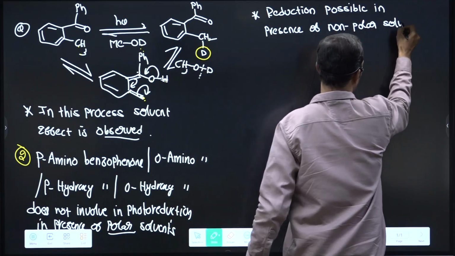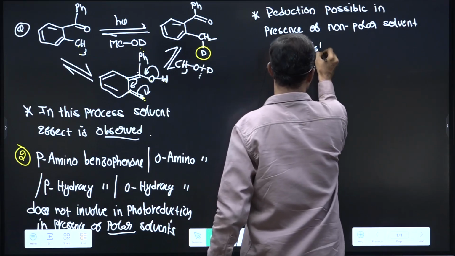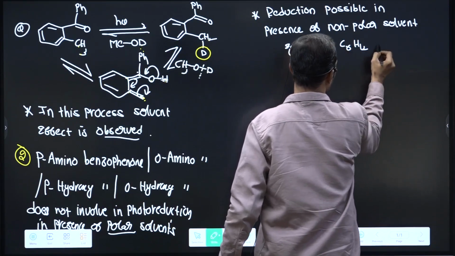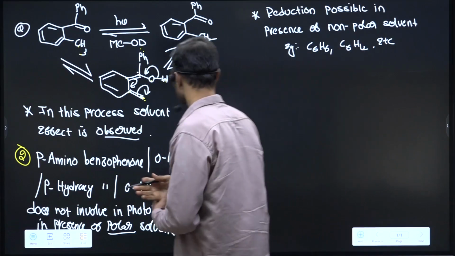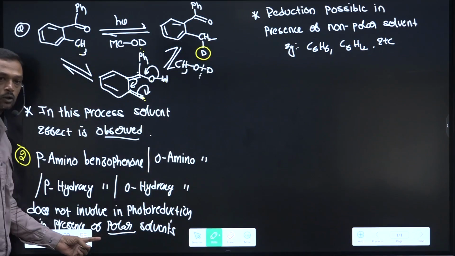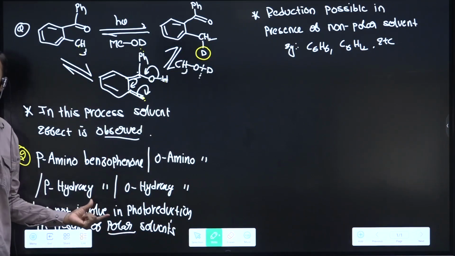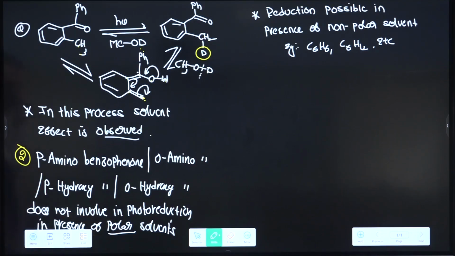Only in the presence of non-polar solvent is it possible. Examples of non-polar solvents are C6H6, C6H12, etc. Cyclohexane, benzene, these are all non-polar solvents. Here, what are the examples? Alcohol, water and carboxylic acid. So when these molecules are given, be careful what kind of solvent is given. Reduction is possible in the presence of non-polar solvents.